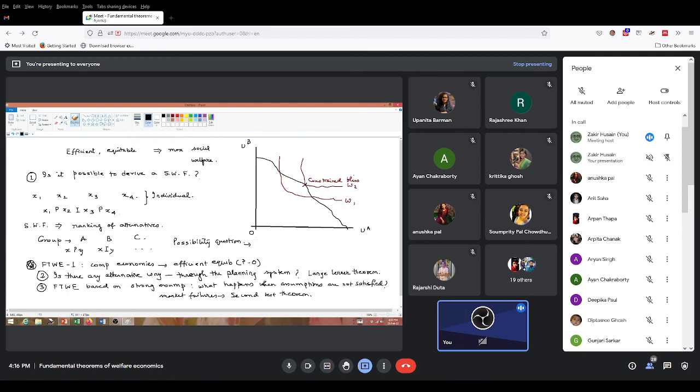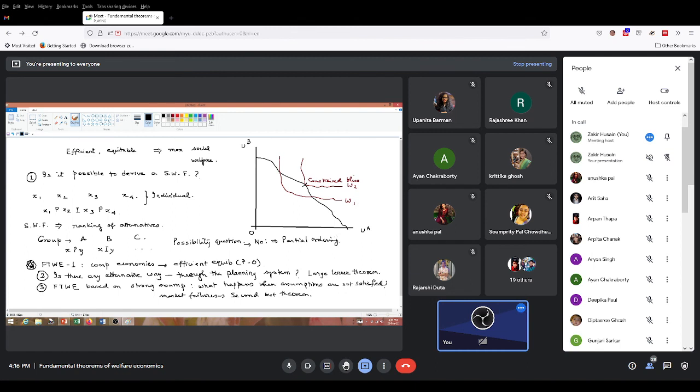But suppose the answer is no. The Bergson welfare function cannot be derived. So what I have is, I end up with a partial ordering. And remember another thing, that when I'm talking about a welfare function, I'm bringing back interpersonal utility comparisons. Suppose I don't want to do that.